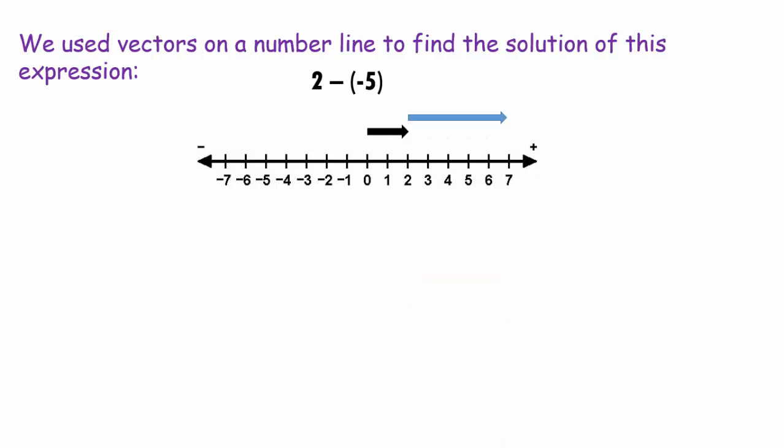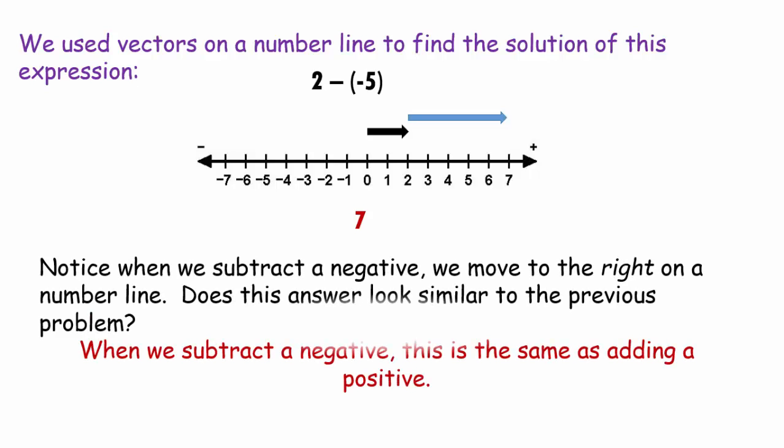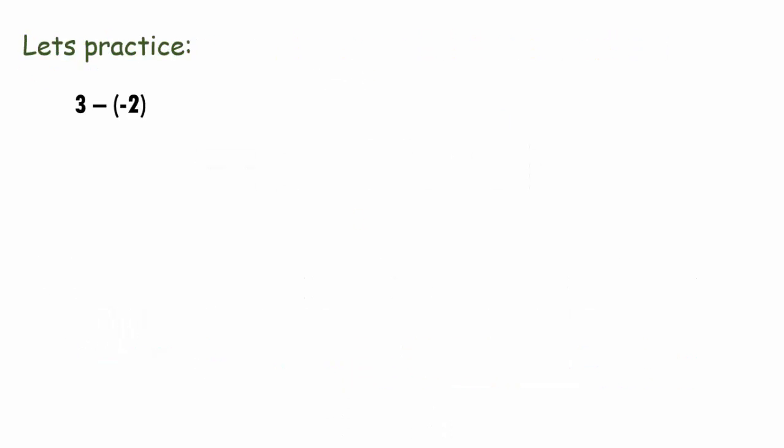We just did that. Subtracting a -5 gets us to 7. Notice when we subtract a negative, we move right, and that's the important aspect here. Subtract a negative, you need to move to the right on a number line. Does this look similar to the previous problem? And this is the key. When you subtract a negative, it's the same as adding a positive.